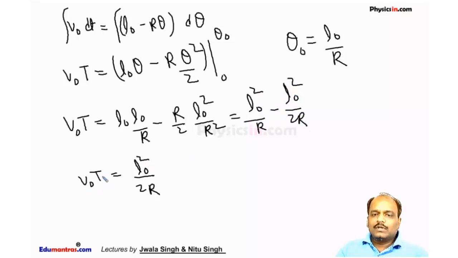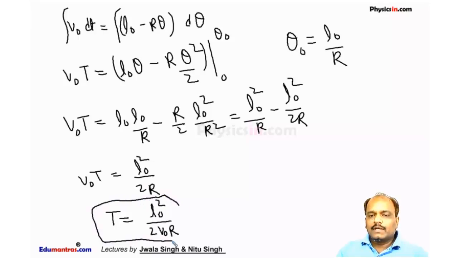So we get t, the time when this particle strikes this cylinder, is L naught square by 2 v naught into r. So this is the answer.